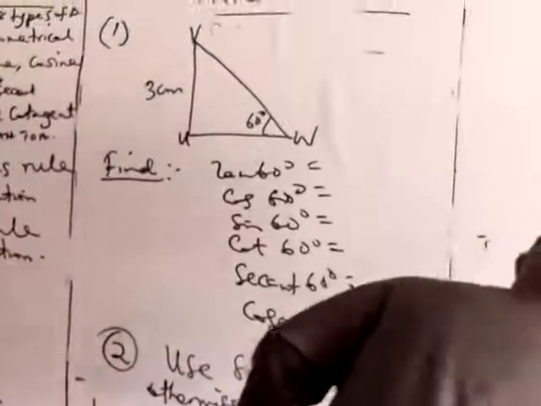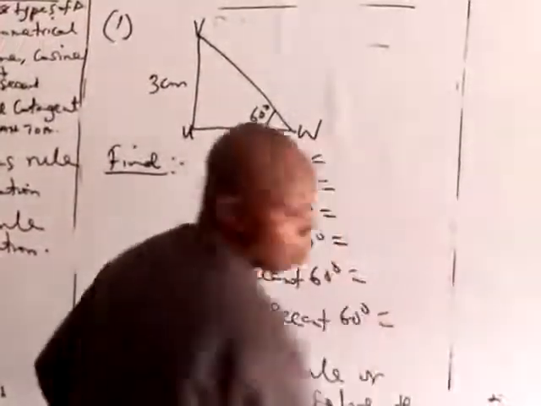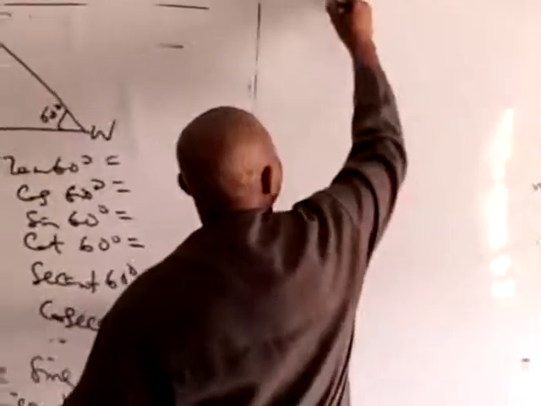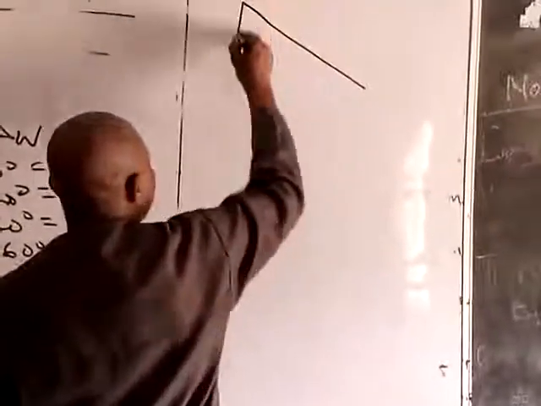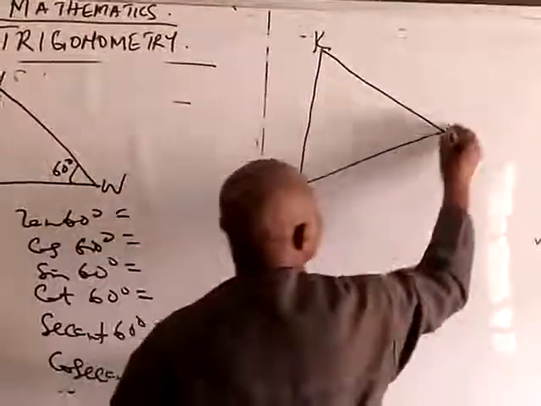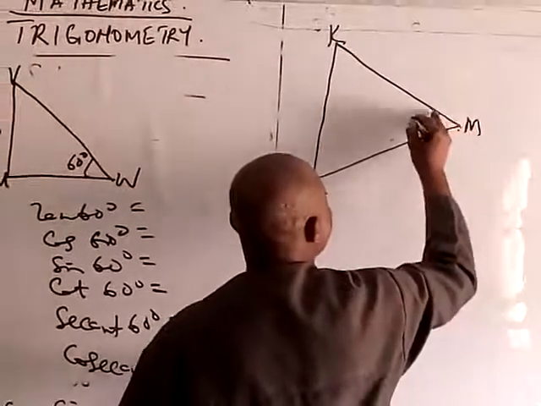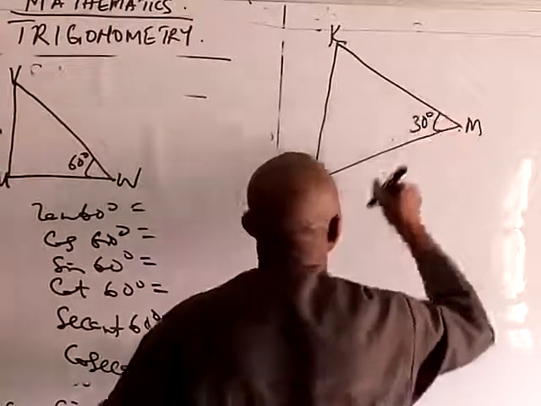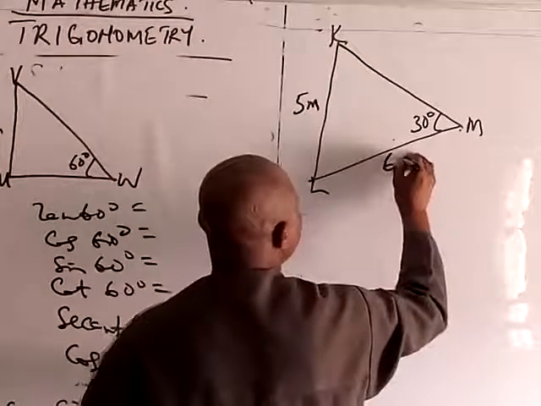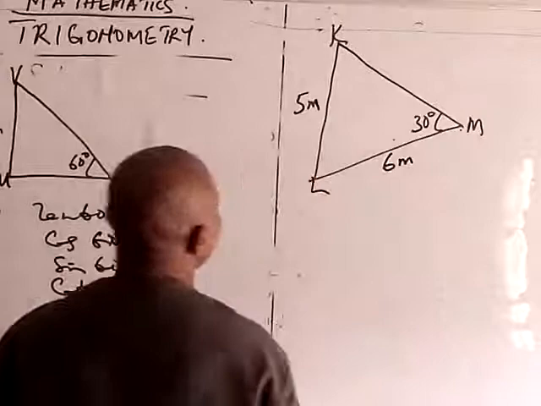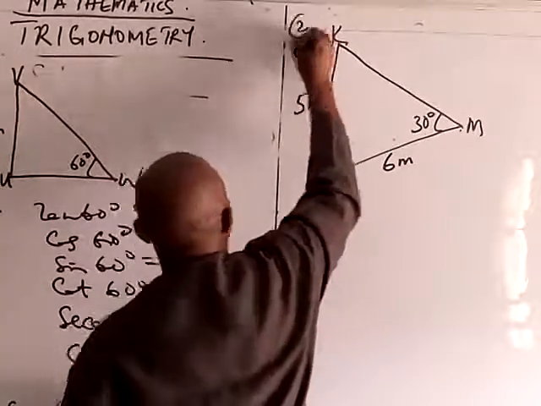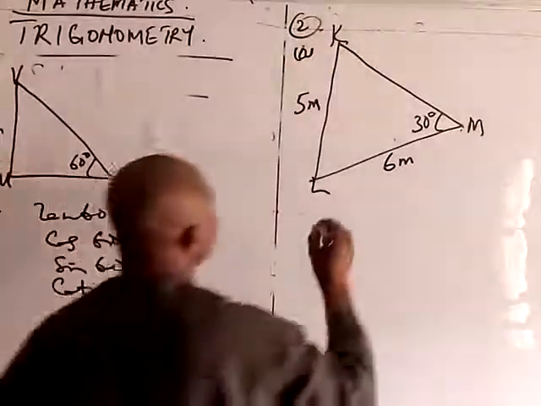Yes, that particular triangle, you have KLM with angle 30 degree. You have 5 meter here, you have 6 meter here. That's 1.